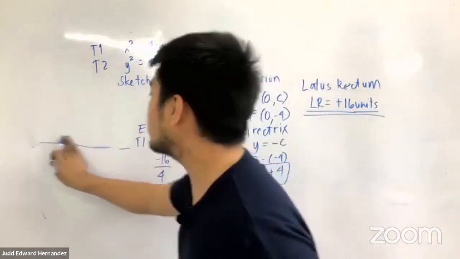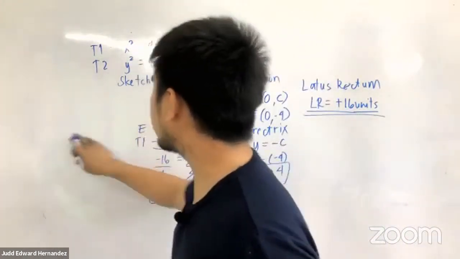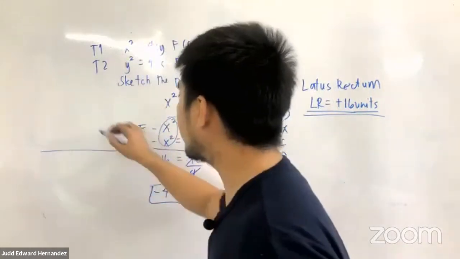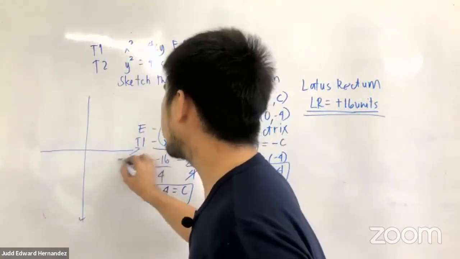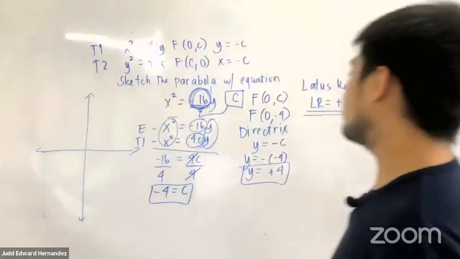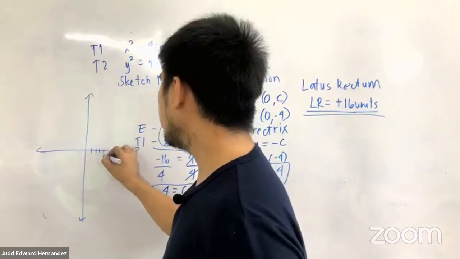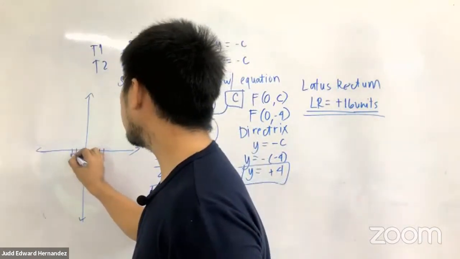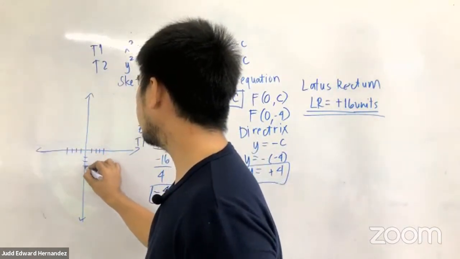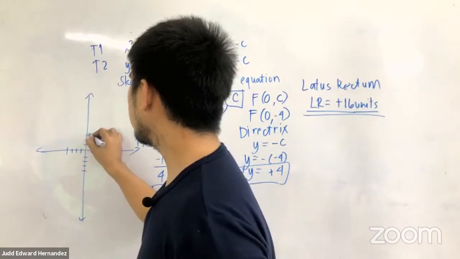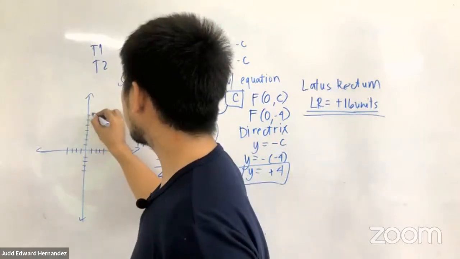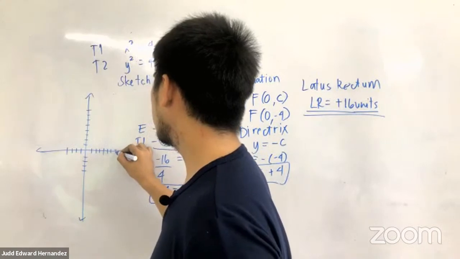Ngayon, tatanungin ko ulit kayo kasi baka kanina hindi nyo naman nagets mabuti kung nasaan yung endpoints ng latus rectum. Saan daw yung focus? I-graph natin. 1, 2, 3, 4. 5, 6, 7, 8.